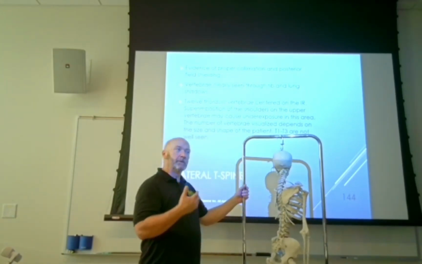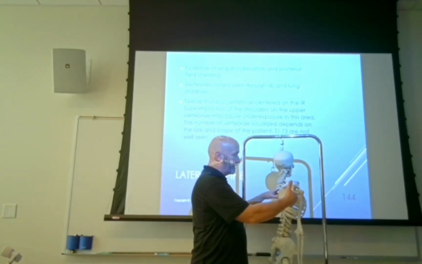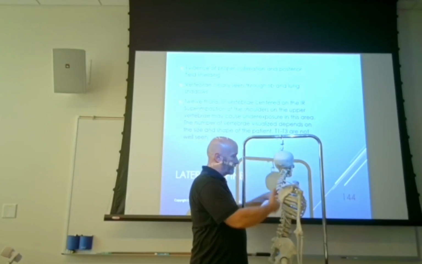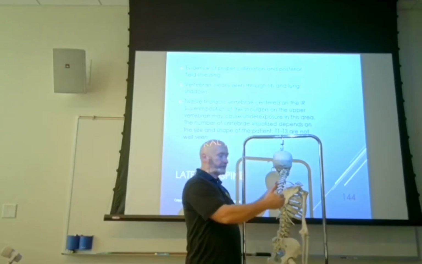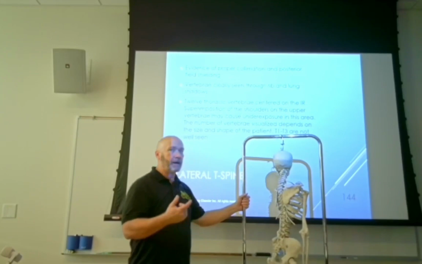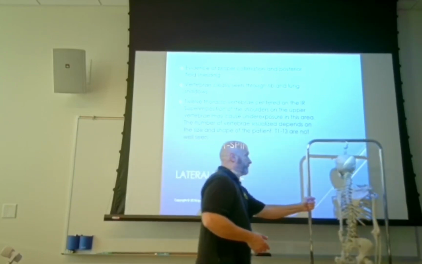Okay, so resist that. Part of the reason that we're a little bit more anterior is because of the curvature of the spine; the spine is not just straight up and down. So we're going to have to go just a little bit more anterior than what you might feel comfortable going. Okay.